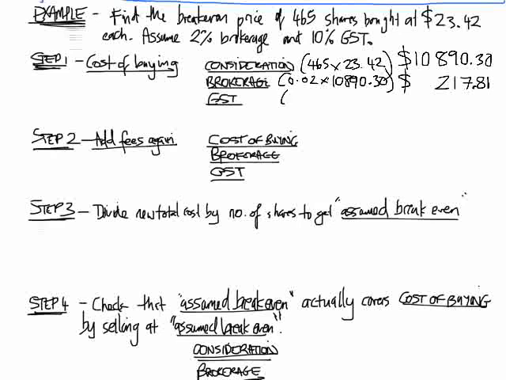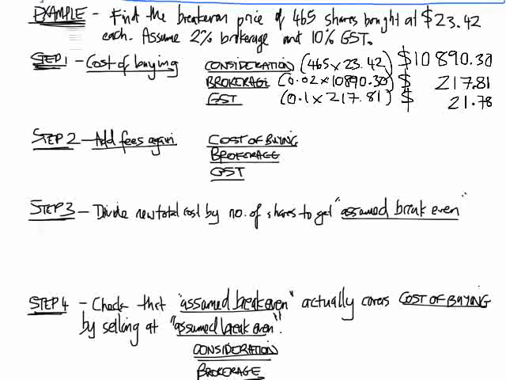And then the GST is 10% of the brokerage, because the GST is on that service provided by the brokers. So 0.1 times $217.81, and so that will be $21.78.